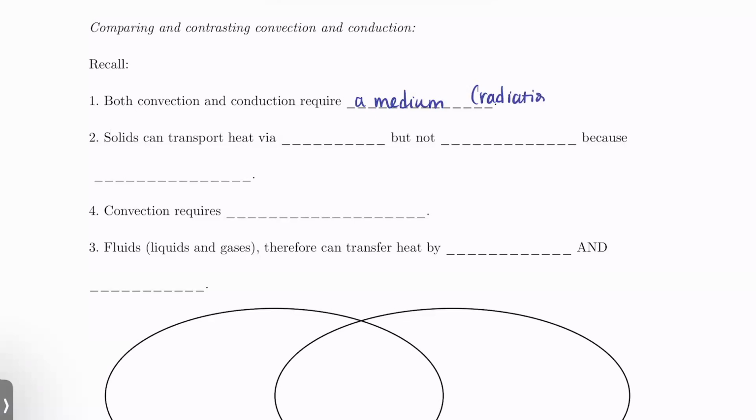We're not talking about radiation in this class, I'm afraid, so I will leave it at that. Solids can transport heat via conduction, but not convection, because in a solid material, the molecules or the particles in it don't flow relative to one another.